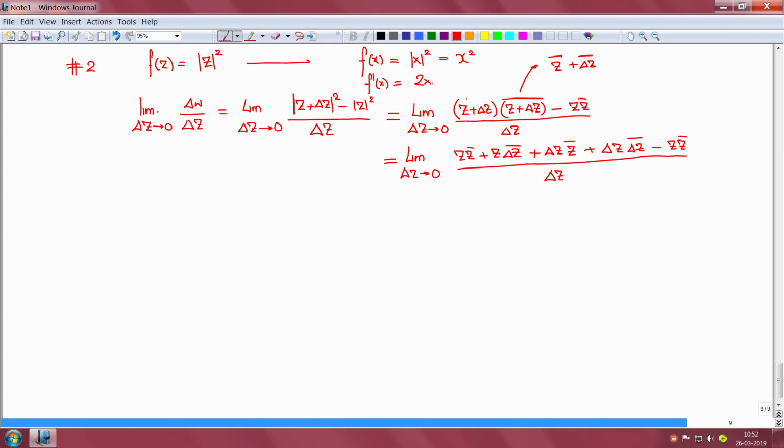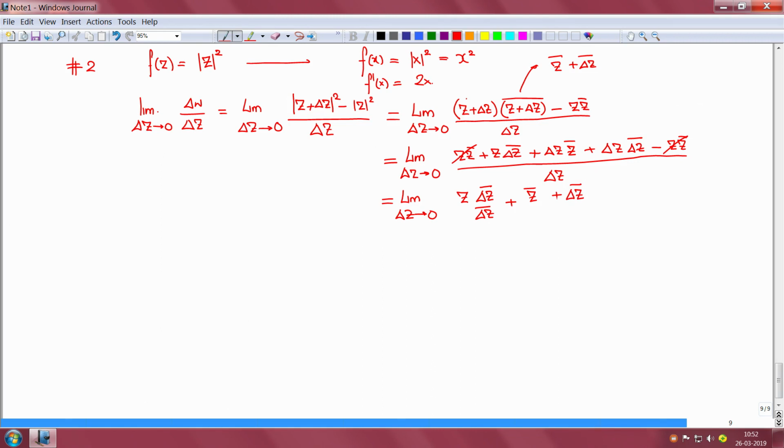Here there is some cancellation, z bar goes with z bar. Then, limit delta z tending to 0, I will separate these terms: z into delta z bar by delta z, plus, here we have delta z, so we get z bar, and here we have delta z cancellation again, plus delta z bar.